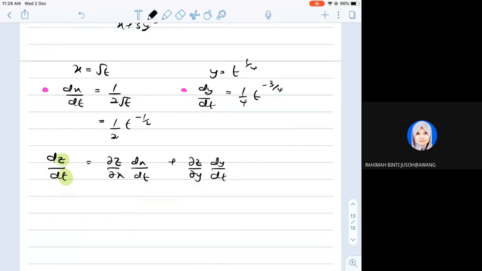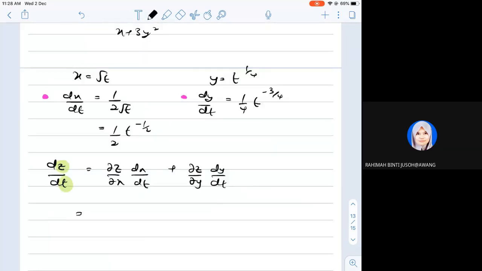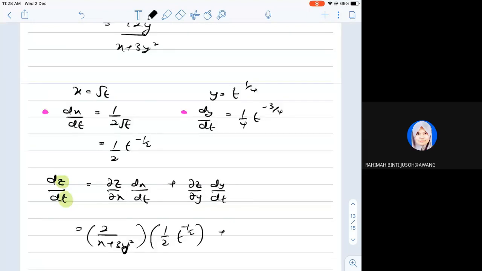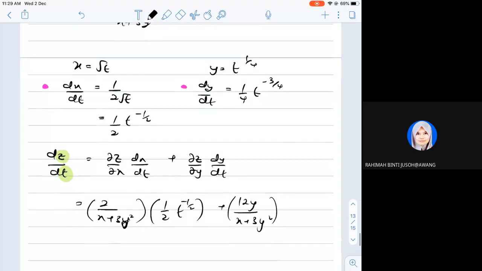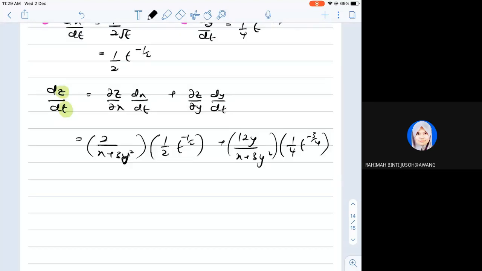So we have equals del z over del x, 2 over x plus 3y squared, multiplied by dx over dt, 1 over 2 t to the power of negative half, and then plus del z over del y, 12y over x plus 3y squared, multiplied by 1 over 4 t to the power of negative 3 over 4. If I inform wrongly, I'm afraid I missed something. Okay, let's go. So is there a value for this actually?